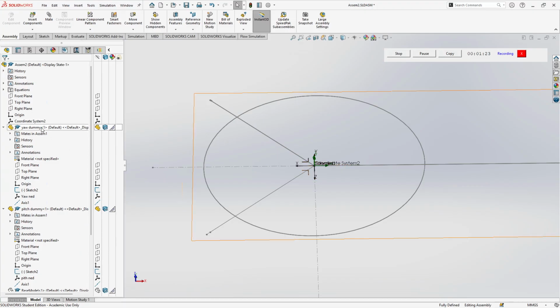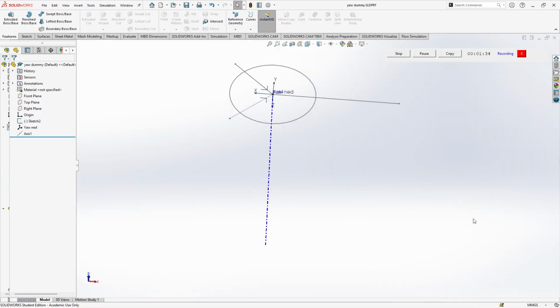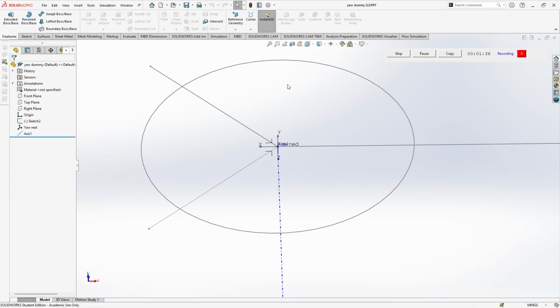So here and here I just have dummy parts for each rotation. I put the dummy parts into an assembly and secure them with the main. So this is a dummy part that I designed. It's basically a sketch. That sketch is added to an assembly to give me the yaw rotation.